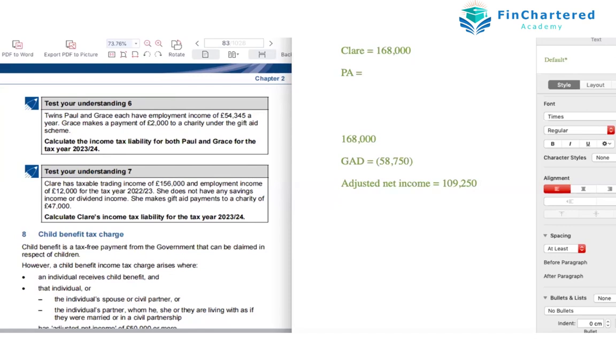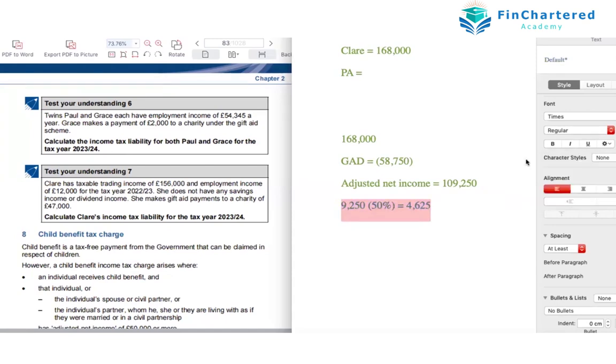So how much is the excess over 100,000? 9,250. There will be a 50% reduction of that in the personal allowance. So your personal allowance will fall by 50% of 9,250, which is 4,625. So your personal allowance will drop by this amount.